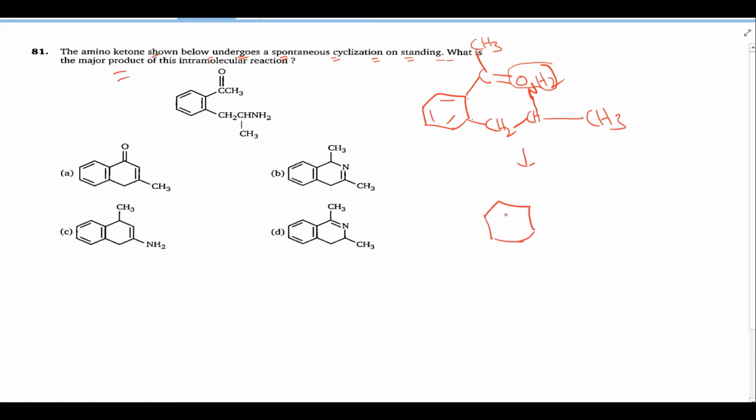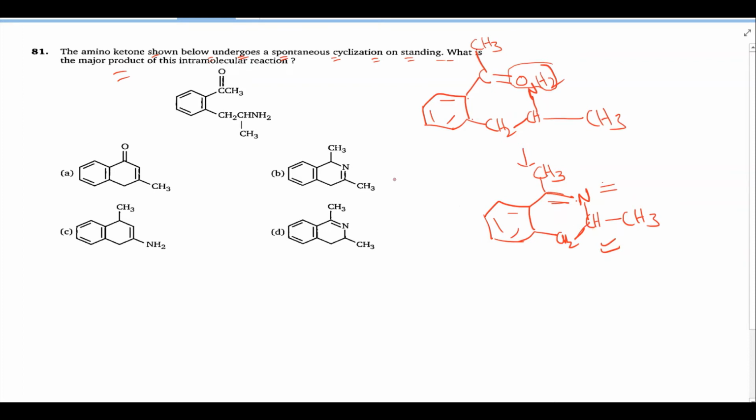So this is benzene, C double bond N, CH2, CH, CH3, double bond N. This is a direct connection, and here there will be a CH3. This is our enamine type. This is enamine. So this is our answer.